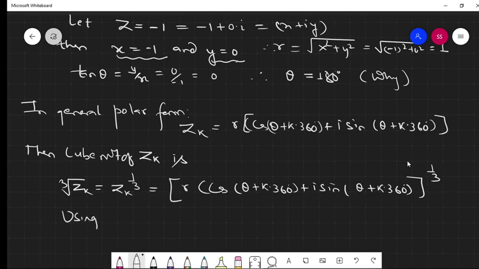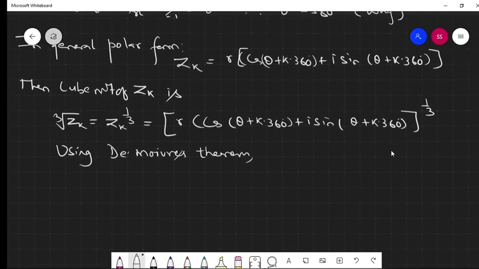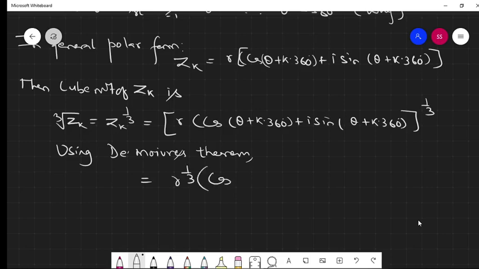Now using de Moivre's theorem, you can express that as r to the power 1 by 3 cos theta plus k times 360 degree by 3 plus i sin theta plus k times 360 degree by 3.